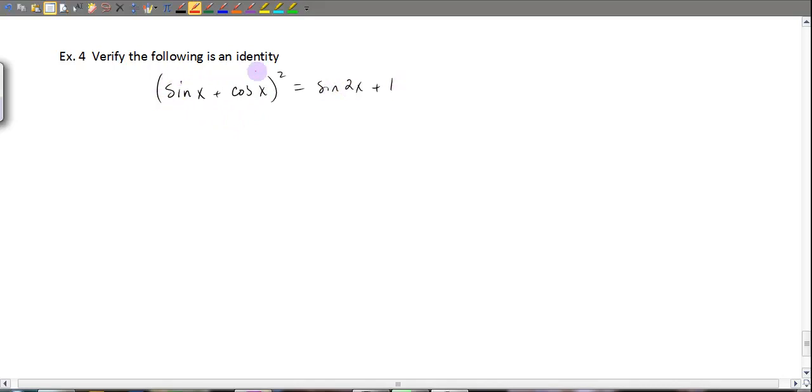So anytime I have a binomial that I'm squaring, in other words, I am going to think FOIL, right? I'm going to be multiplying this out. That's the same thing as saying sine x plus cosine x times sine x plus cosine x.